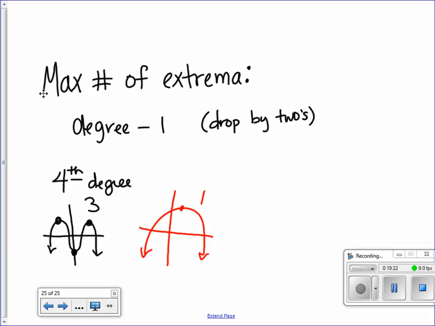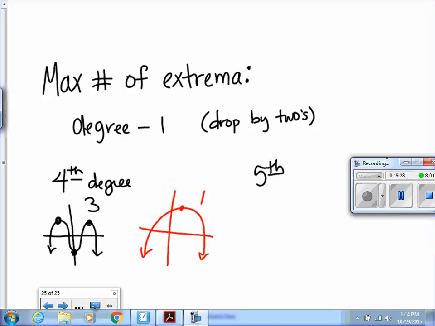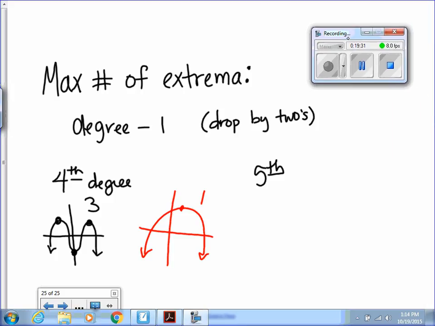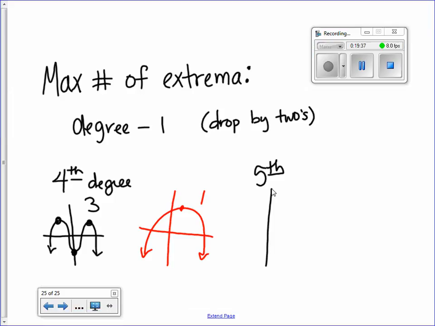Let's look at an odd. Not too big, because I don't want to have to draw lumps forever. So let's just go to a 5th degree. With a 5th degree, we start by subtracting 1 degree. So a 5th degree can have at most 4. 1, 2, 3, 4.